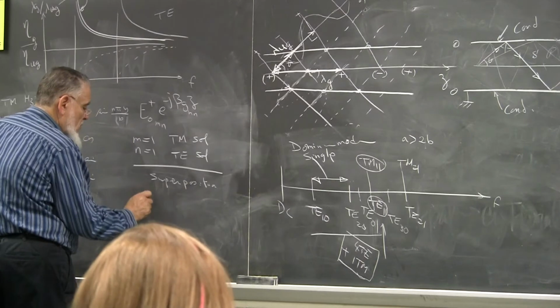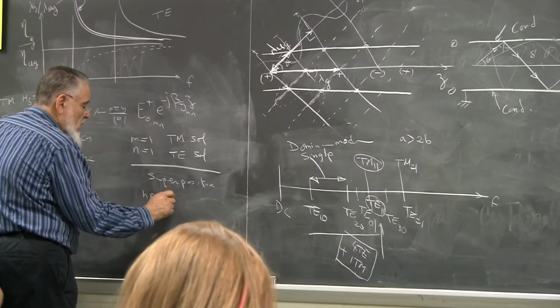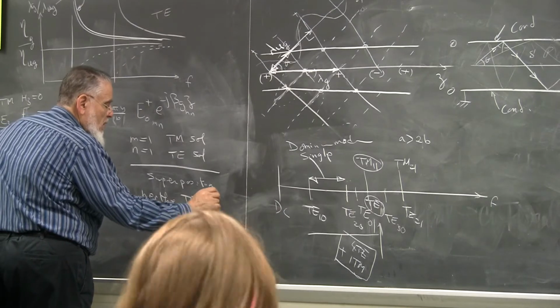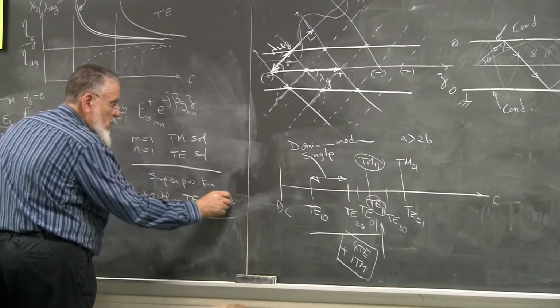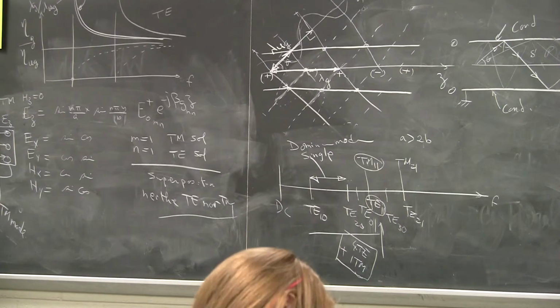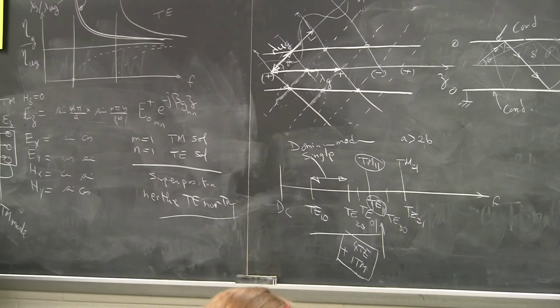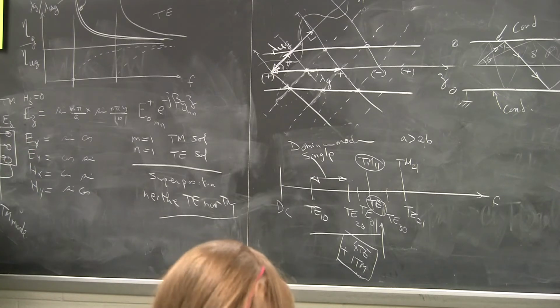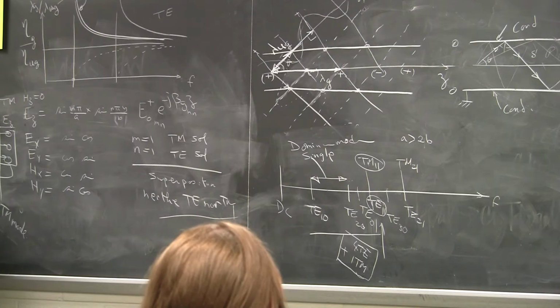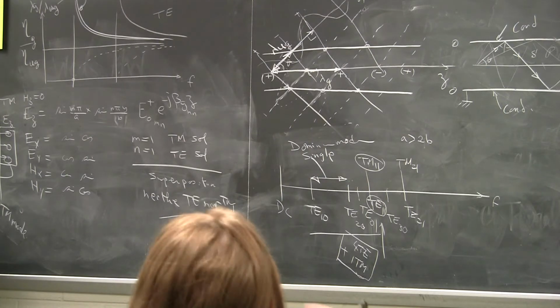That means neither TE nor TM. When you superimpose them, you will always have an E sub z and H sub z. Both of them will coexist, right? So TM solutions cannot exist by themselves. They have to always exist in conjunction with TE modes, unless we do something about that, right?